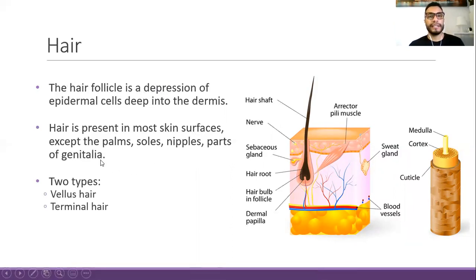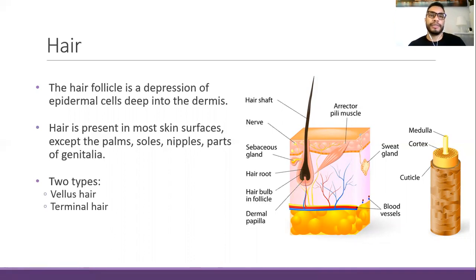And we have basically two types of hair. We have vellus hair, which is found in many areas of our skin. This type of hair is very fragile, thin, very narrow hair that in most cases doesn't project far outside the skin, so it's very short hair.